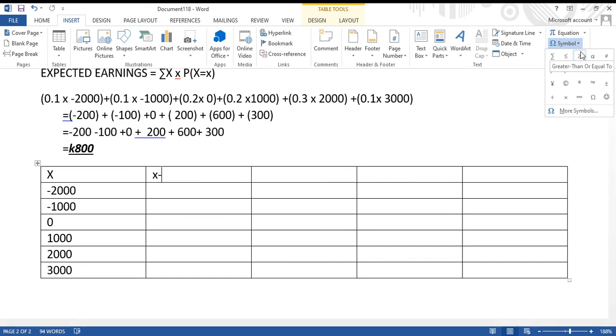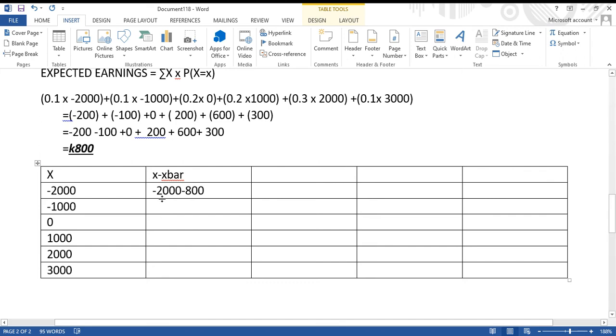So each value you're going to subtract 800 from it. x minus x bar. So you say negative 2,000 minus 800.